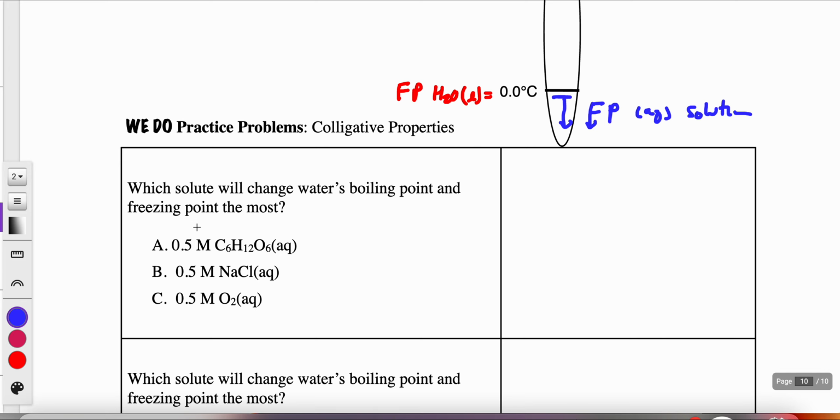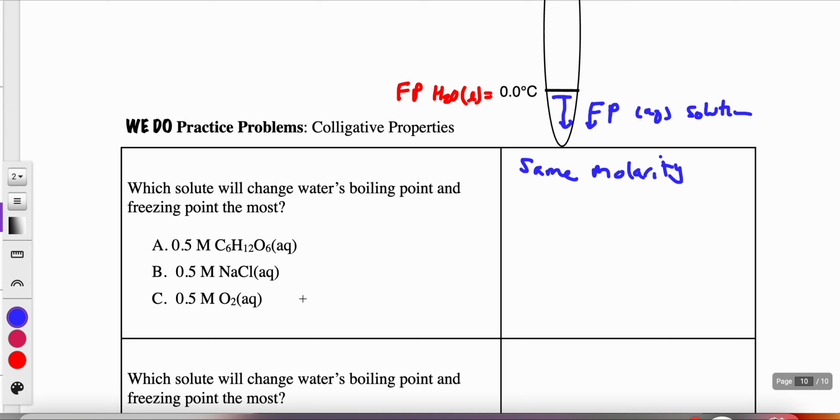When we take a look here at our 3 possibilities, we notice we have M, that's molarity concentration, and all 3 possibilities have the same molarity. If they have the same molarity, we know that they are dissolved because they are all aqueous. We understand that they are dissolved and in solution, but then we take a look at the chemical formulas.